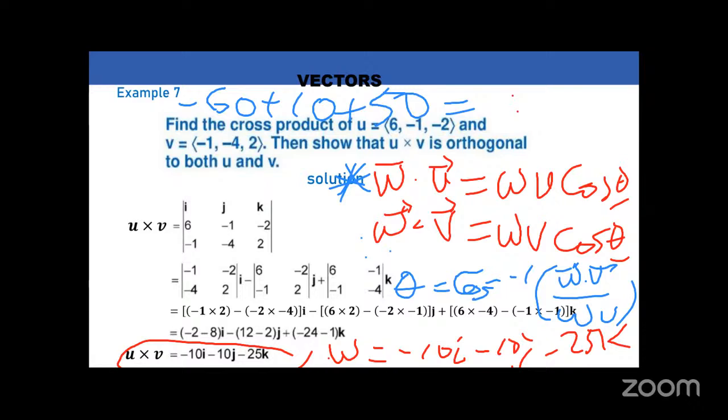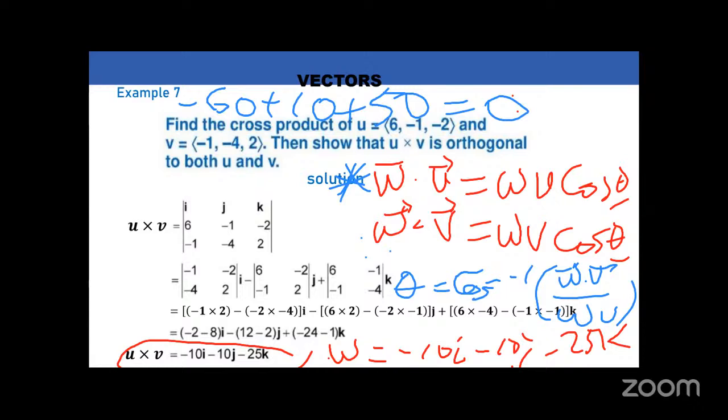Minus 50. Minus 60 plus 10 is equal to minus 50. Plus 50 would be 0. Minus 50 plus 10 is minus 50. Plus 50, that would be 0.